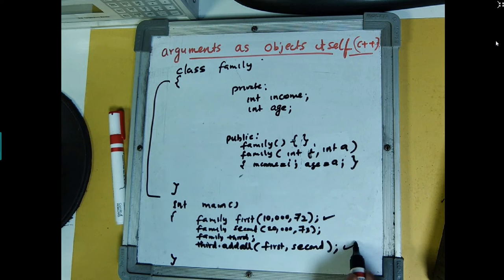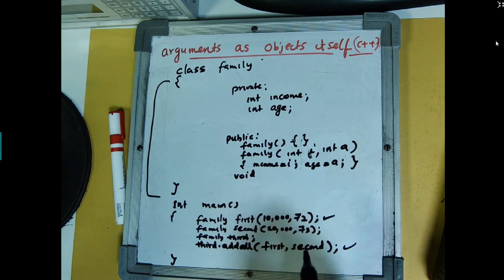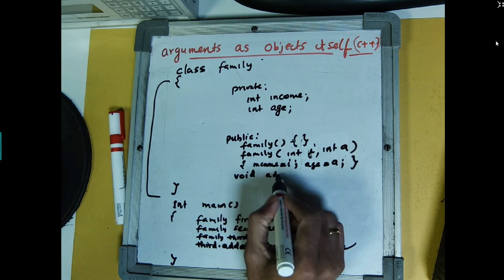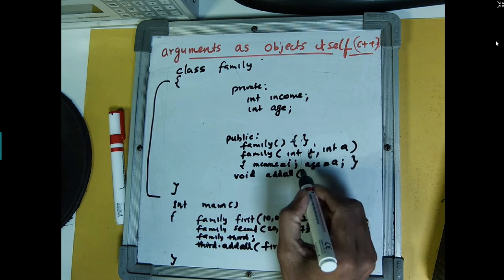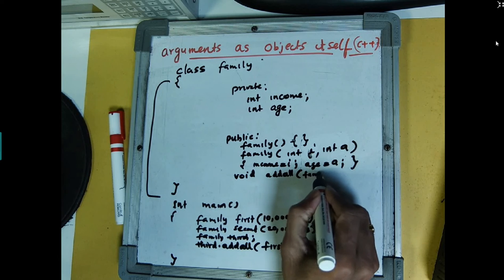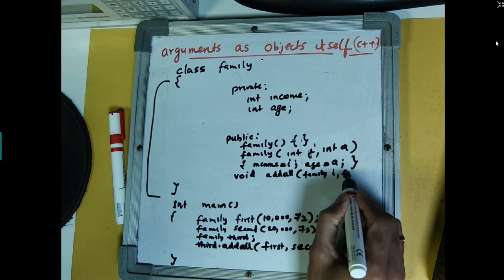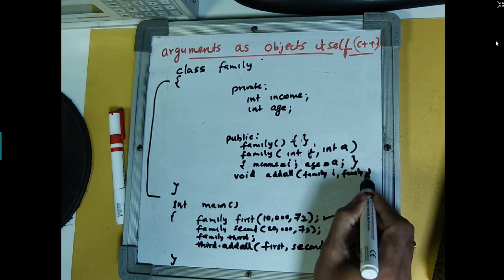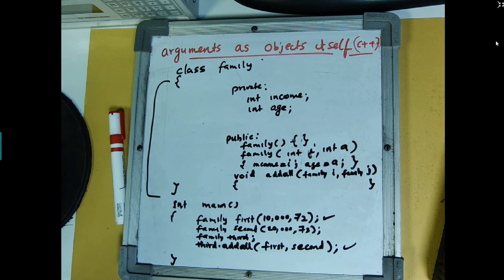This can be achieved by creating a function, which will look like this: void add all. Now what are you going to pass? Two family types: family i, comma, family j. You are going to write the program within this.